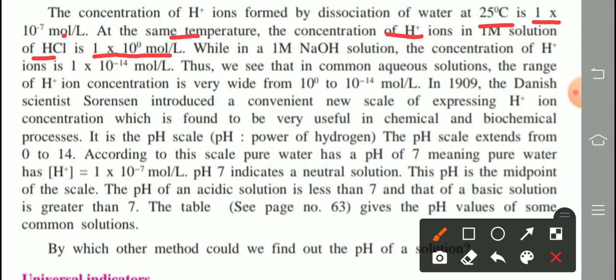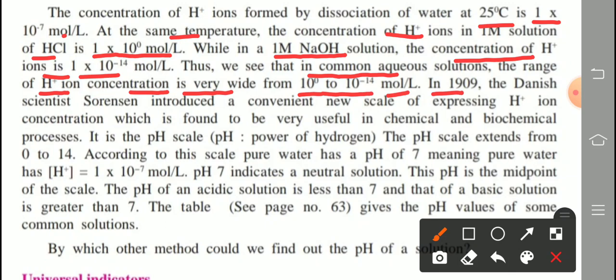While in a 1 molar NaOH solution, the concentration of H plus ion is 1 into 10 raised to minus 14 mole per liter. So that is very, very less. Thus, we see that in a common aqueous solution, the range of H plus ion concentration is very wide, from 10 raised to 0 to 10 raised to minus 14 mole per liter.